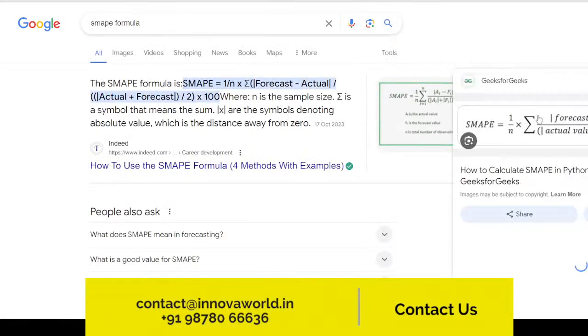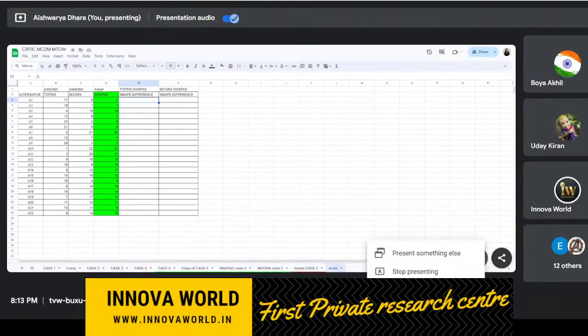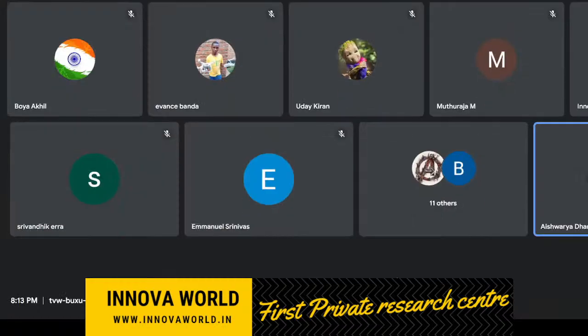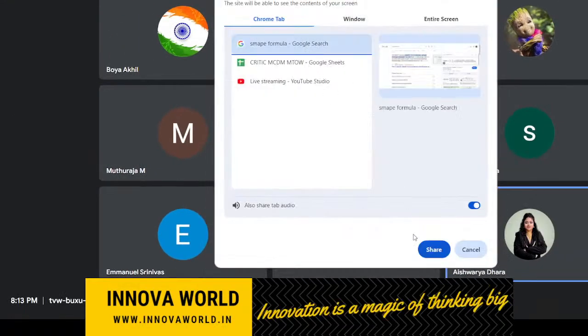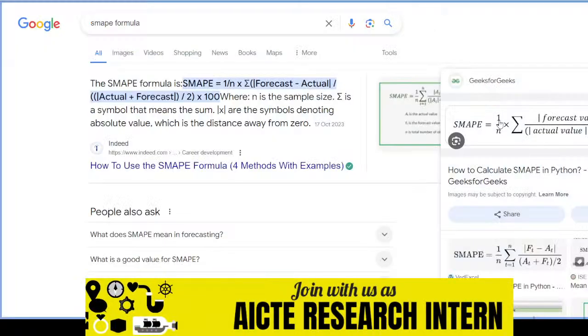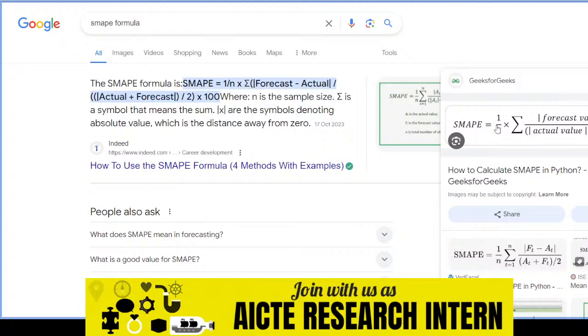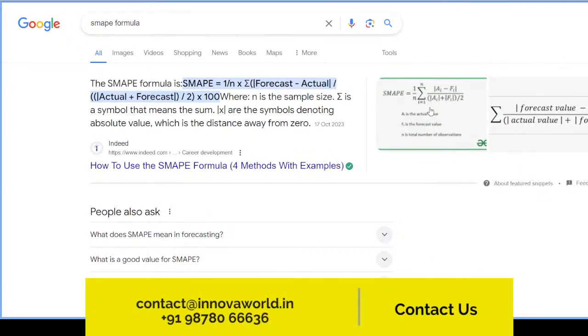Can you see my screen? Is my screen visible? You can note down this formula.